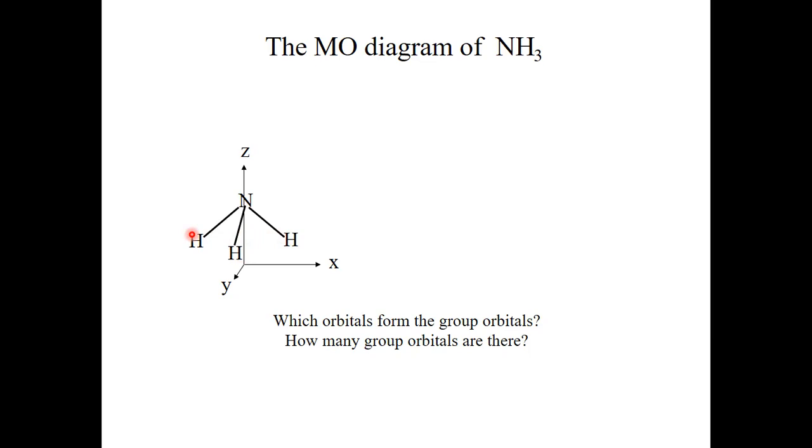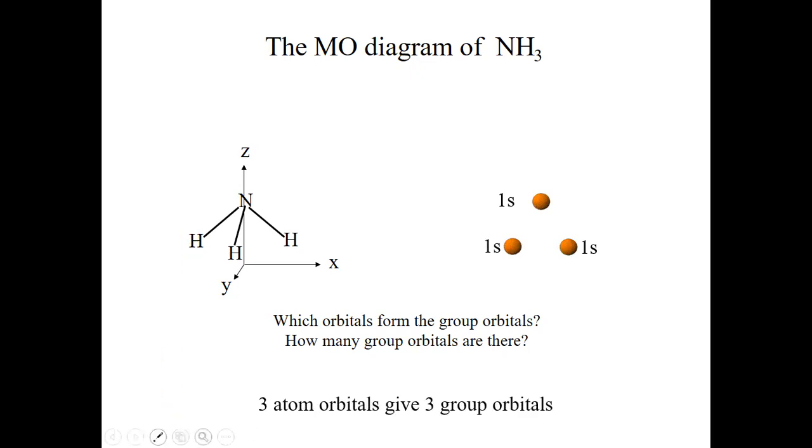Well, again, that would be just the 1s orbitals. So we would have overall three 1s orbitals, and they would be combined to form three ligand group orbitals. So again, the number of the ligand group orbitals is equal to the number of atomic orbitals.